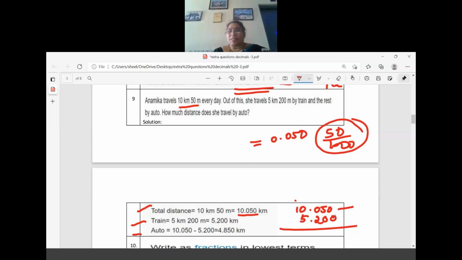So decimals we have checked here, 10.050 and 5.200 we got. Now from which end we have to start? Right end. So 0 minus 0 is 0 only, 5 minus 0 is 5. When we are having 0 here, we have to borrow one, the same rule what you have learned in the lower classes. So here it became 10 only. So here 8, balance 1. So here 4 only. So what is the answer? We have got the answer 4.850.